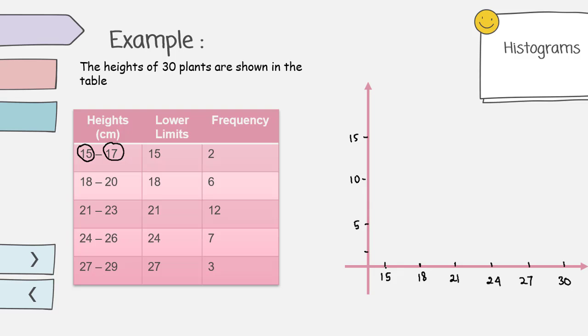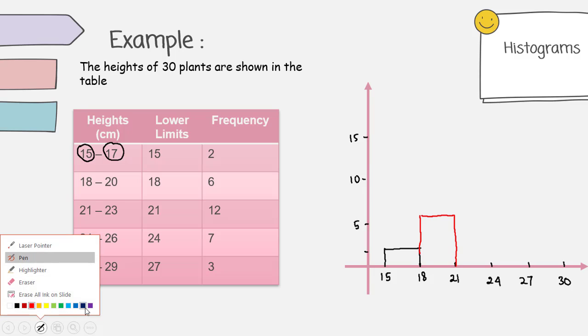Then we can draw the bars based on the frequencies. For 15, the height is 2, and so on. For 18, the height is 6. There are 6 frequencies for 18 to 20.